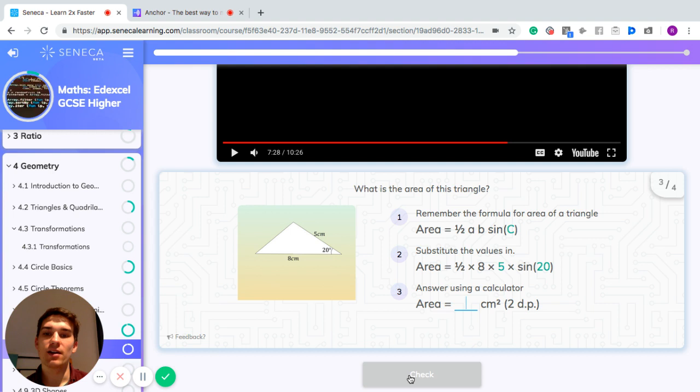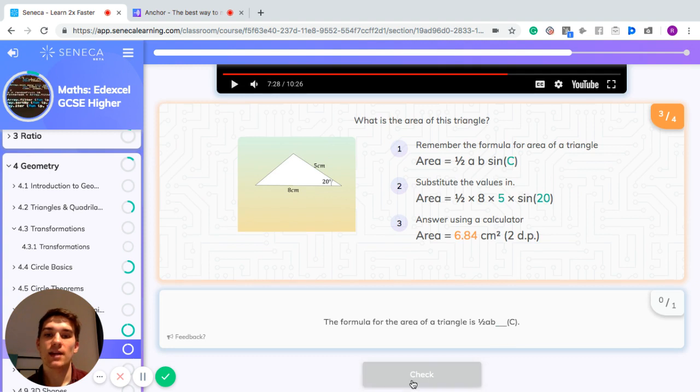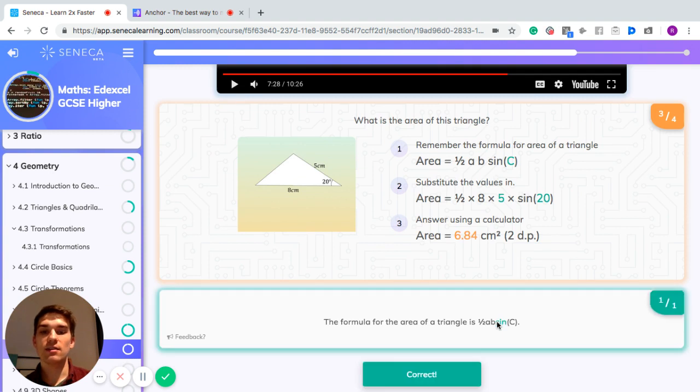The area overall, if we put that into our calculator, will give us 6.84 centimeters squared. And to recap, the formula for the area of a triangle is half AB sine C.